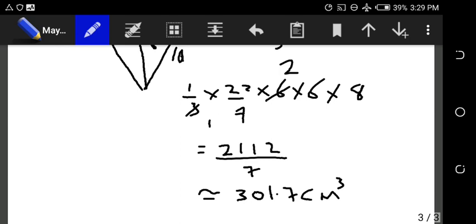Remember the units are cubic units, because we are dealing with volume.